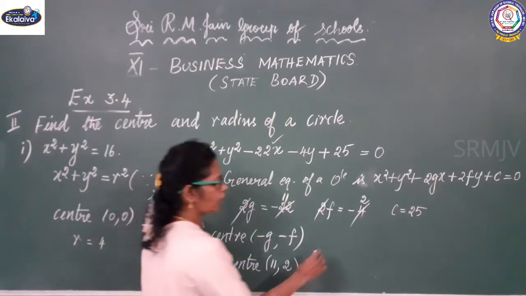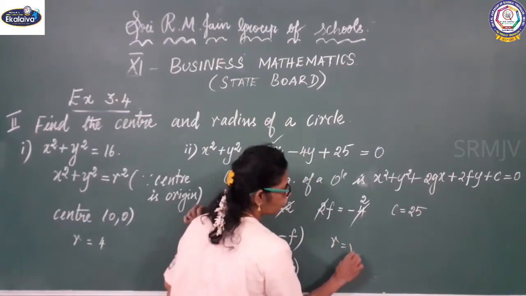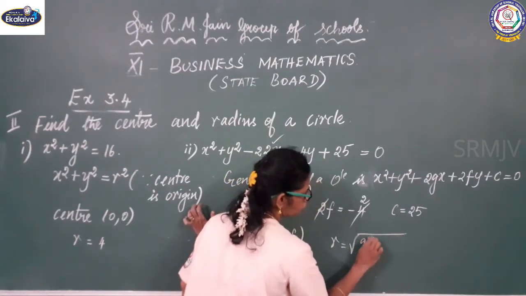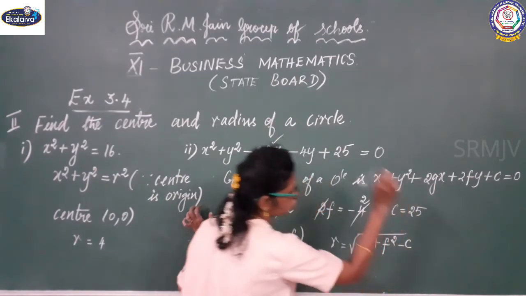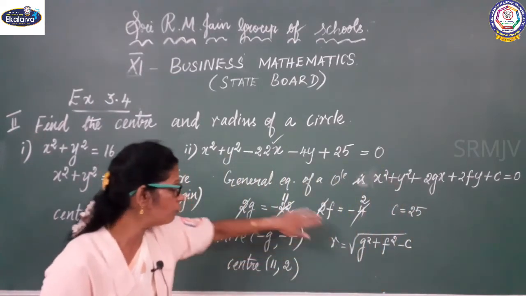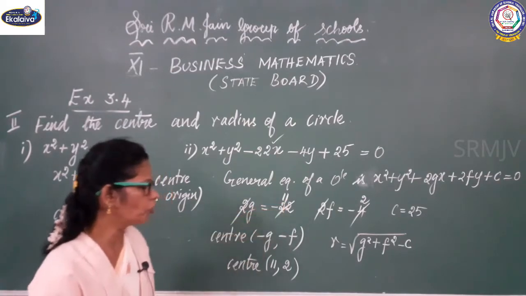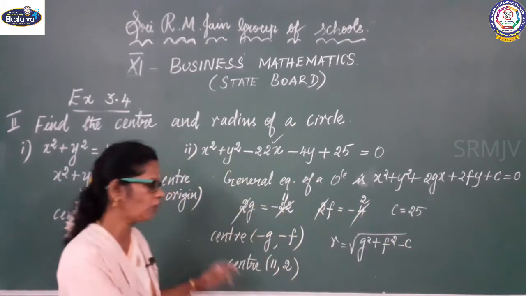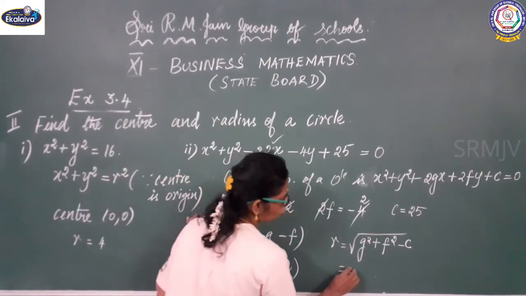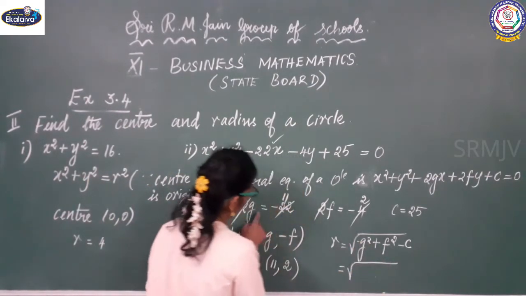How to find the radius? Radius equal to square root of g square plus f square minus c. What are the things we need? Everything is there. g is equal to minus 11, f equal to minus 2, c is equal to 25. Then you have to substitute. What is g?